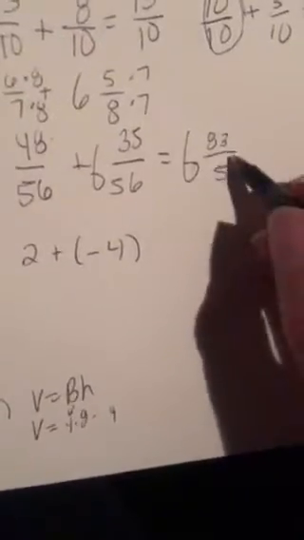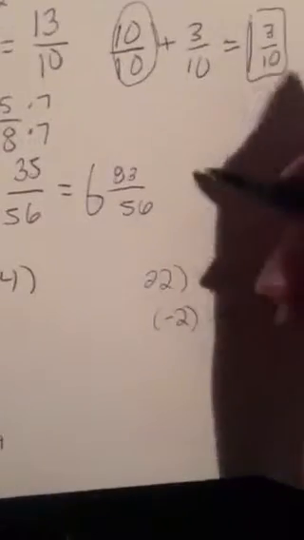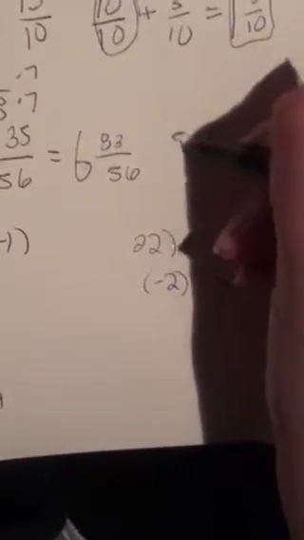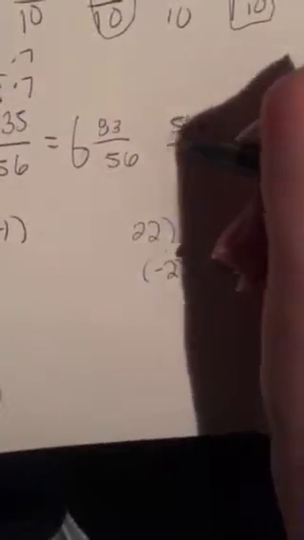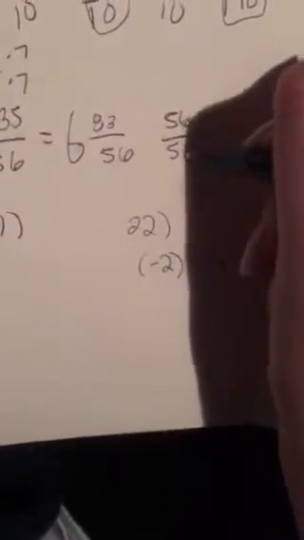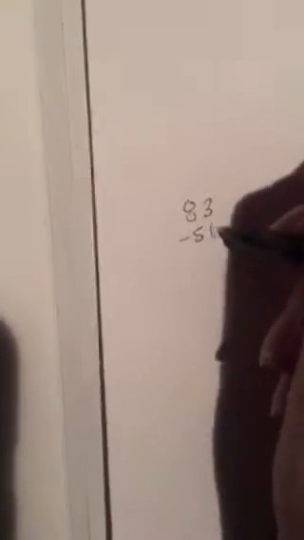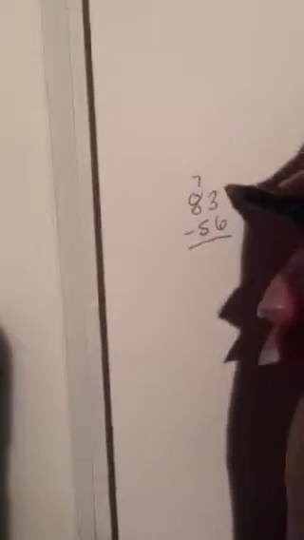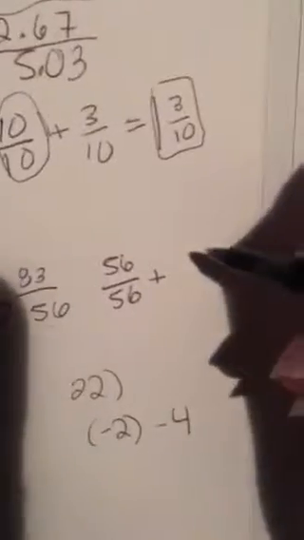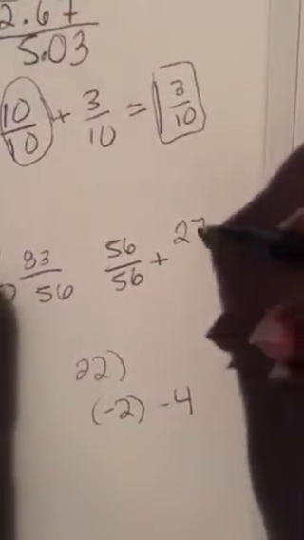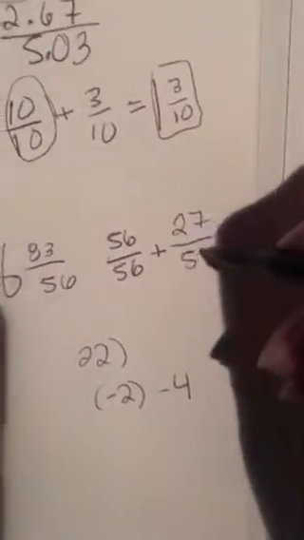So, when I look at this fraction, keep in mind I already have 6 wholes, and I know that 83 over 56 is the same as 56 over 56 plus, let me see, 83 minus 56, plus 27 over 56.